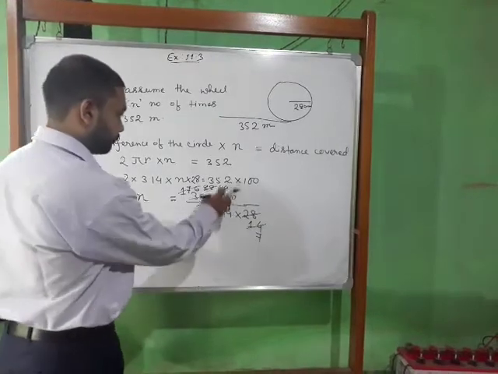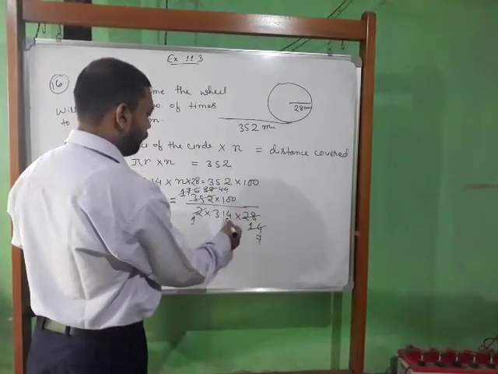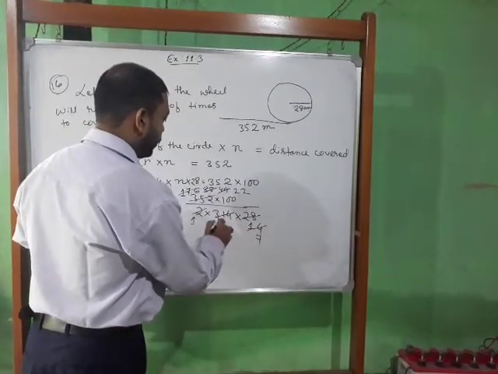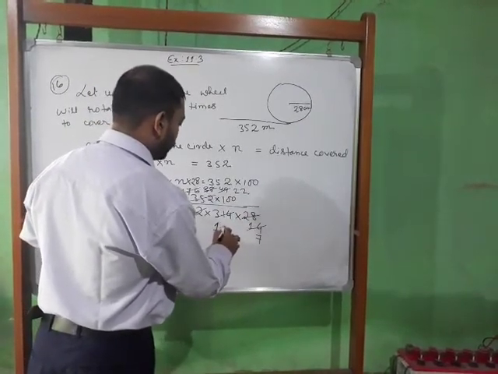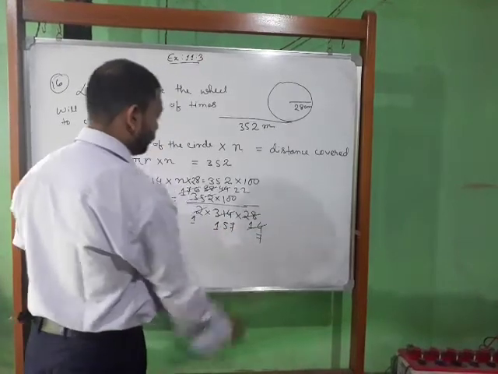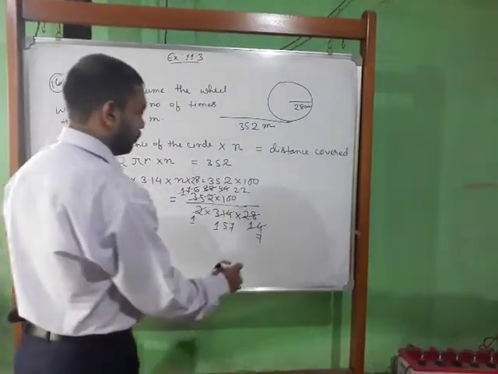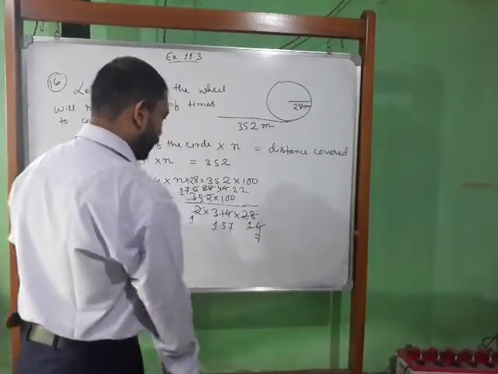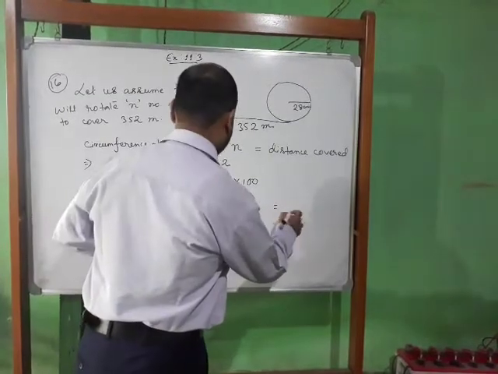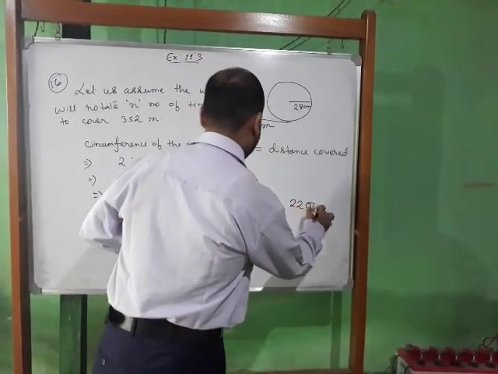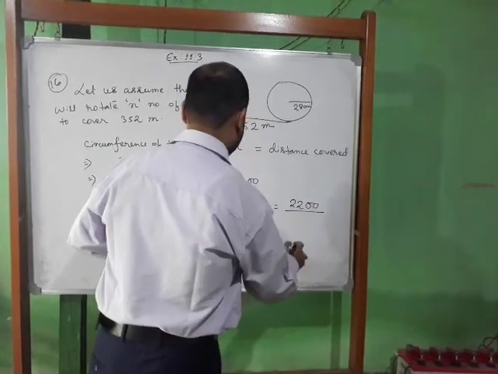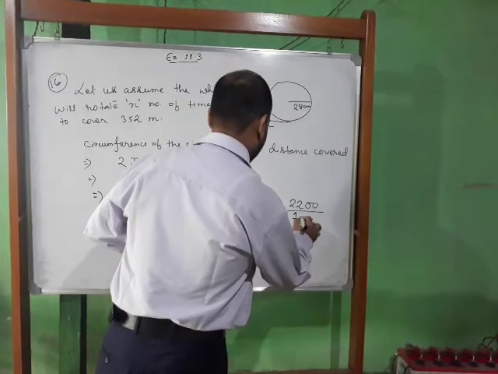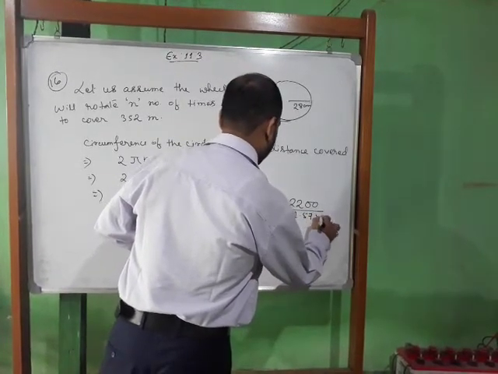Now we can reduce 44 and 3.14: it will be 22, and this will be 1.57. So further we can't reduce, and it will be 2200 divided by 1.57 into 7.